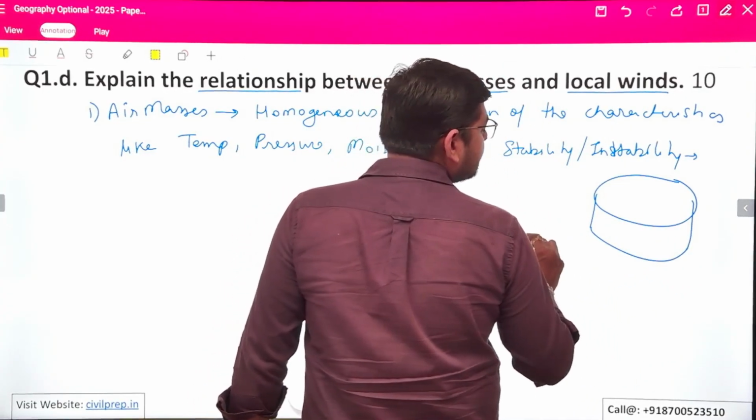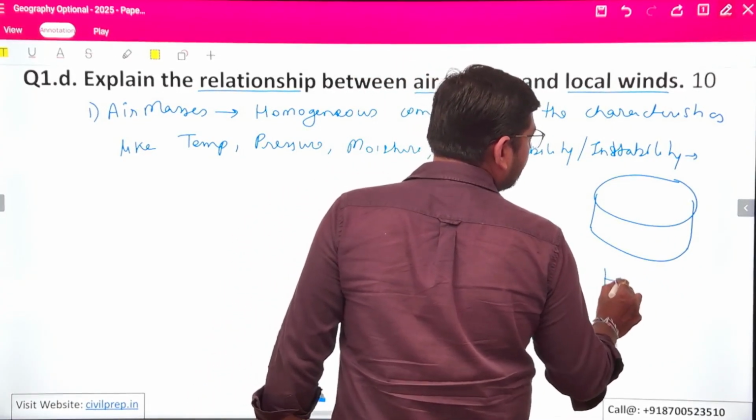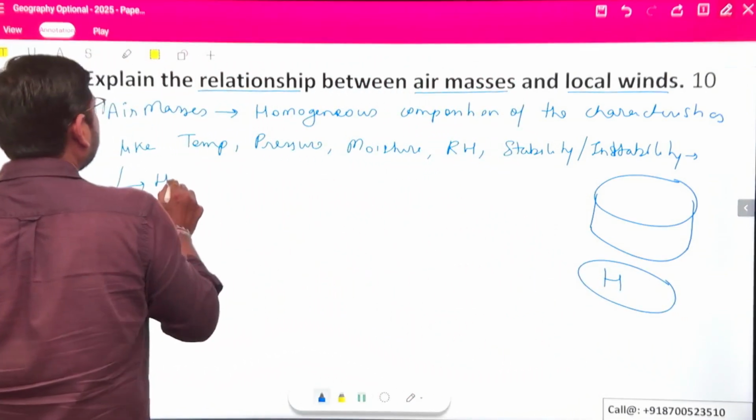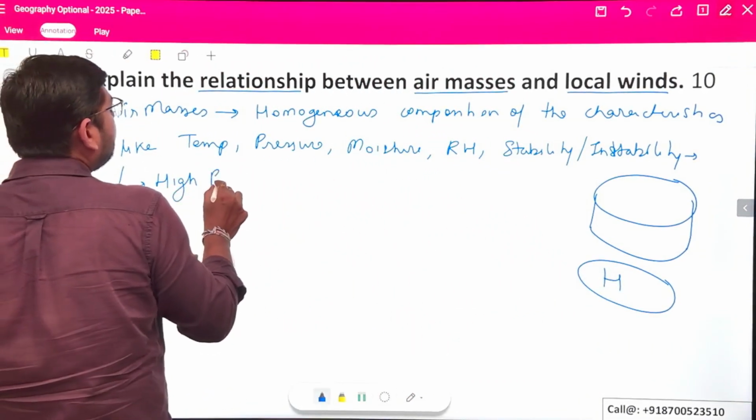Now these air masses are majorly formed over the high pressure regions of the world.